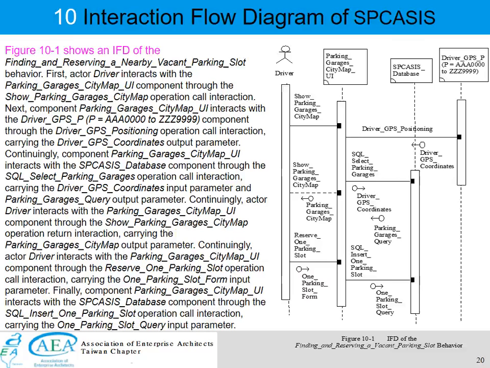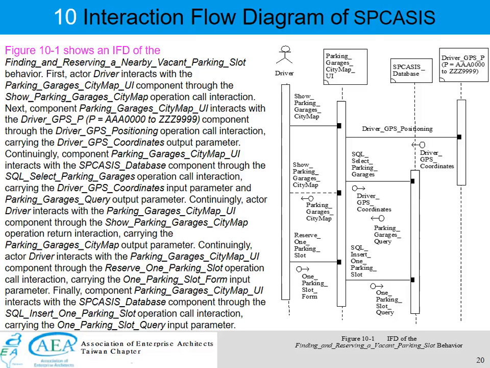The first behavior is finding and reserving a nearby vacant parking slot, as shown in Figure 10-1. This is the IFD of this behavior. There are totally 6 interactions in this IFD.